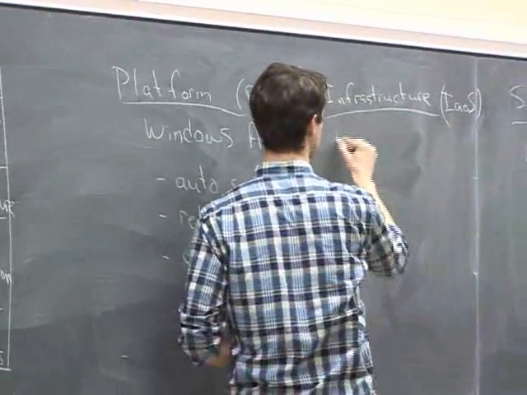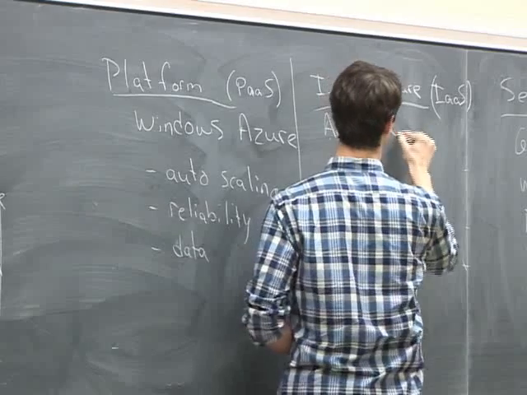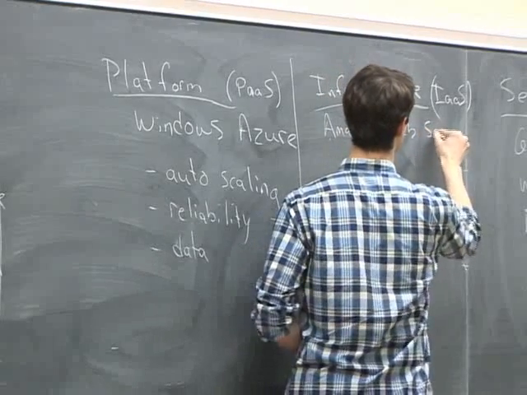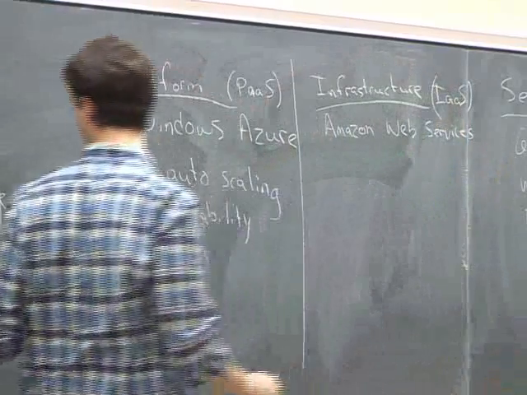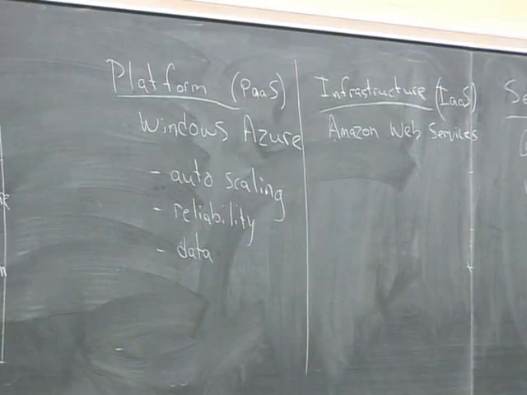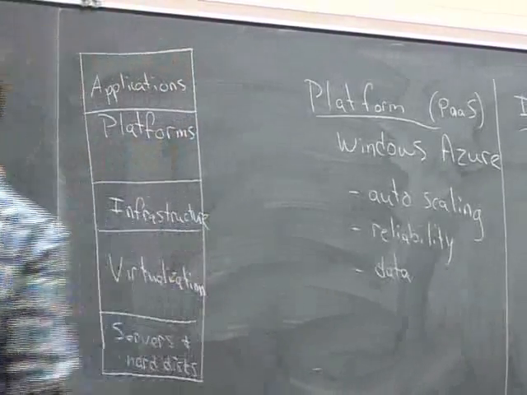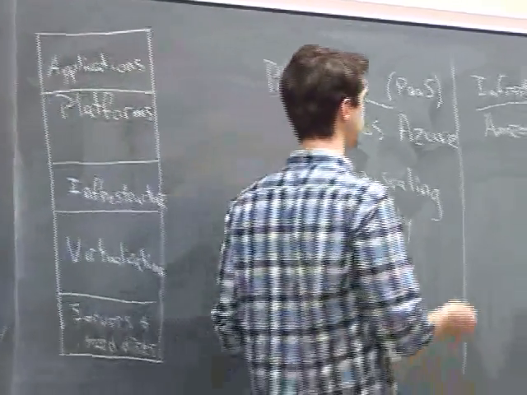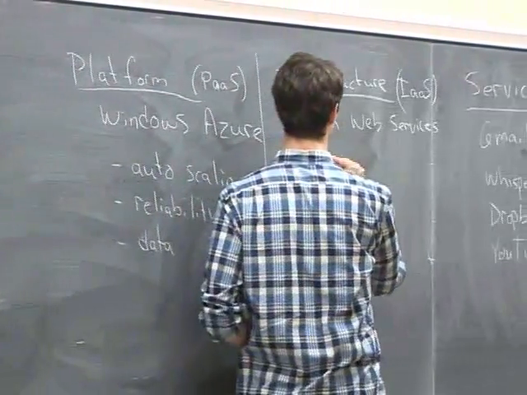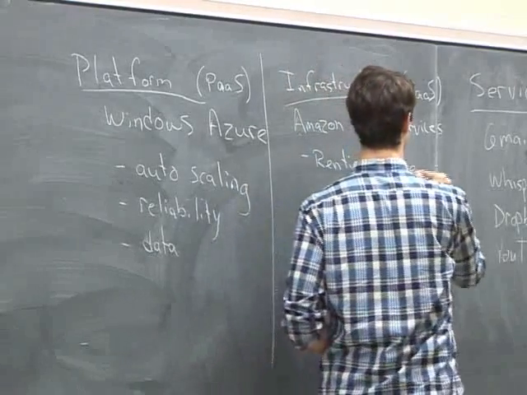Examples are Amazon's web services. If you're building an application at the infrastructure level using infrastructure as a service, this is the idea of renting compute power. You're essentially renting a server.